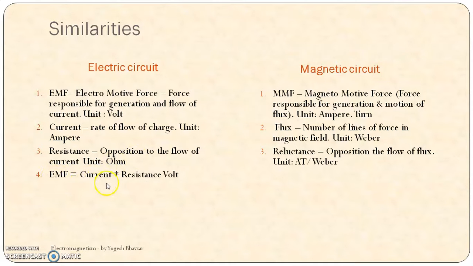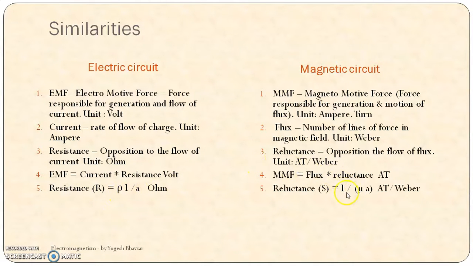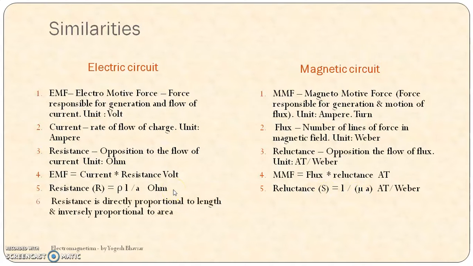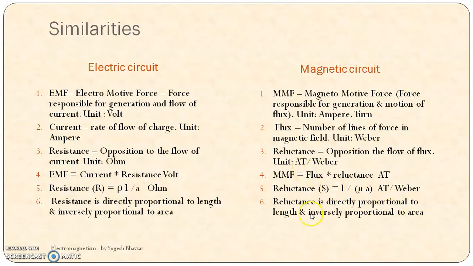EMF is given by current into resistance, the multiplication of current and resistance, and MMF is the multiplication of flux and reluctance. Resistance is given by rho L by A, and reluctance is given by L by mu A, where mu is the permeability. Resistance is directly proportional to the length and inversely proportional to the area, and reluctance is directly proportional to length and inversely proportional to area, which is similar.